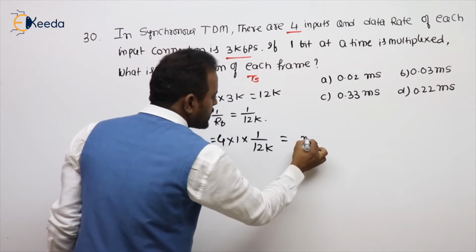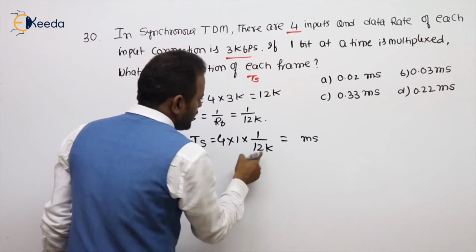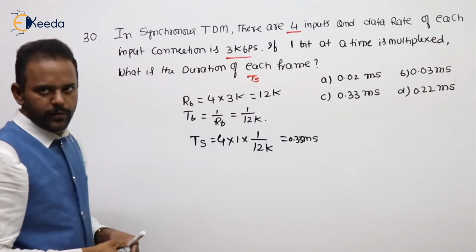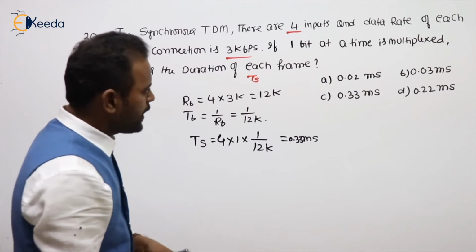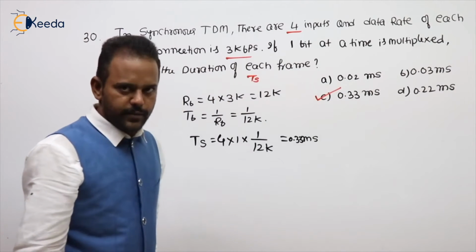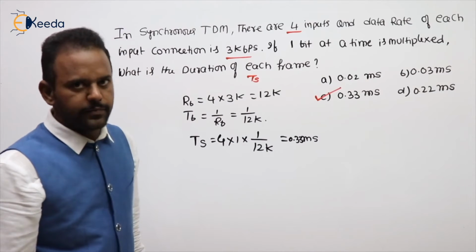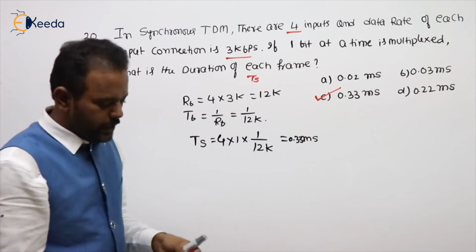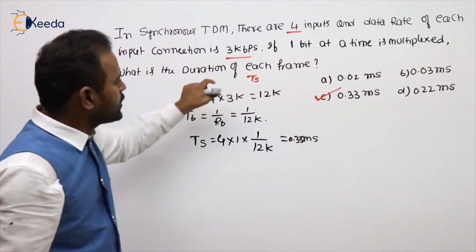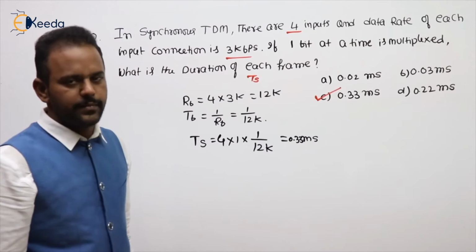K means obviously millisecond. 4 ones, 4 threes, 1 by 3. 1 by 3 means 0.33, we already know. Now you can see option C is the correct answer. This is also a previous ESE problem. A different question asks for the calculation of the time duration of each frame, which is nothing but TS. Clear?